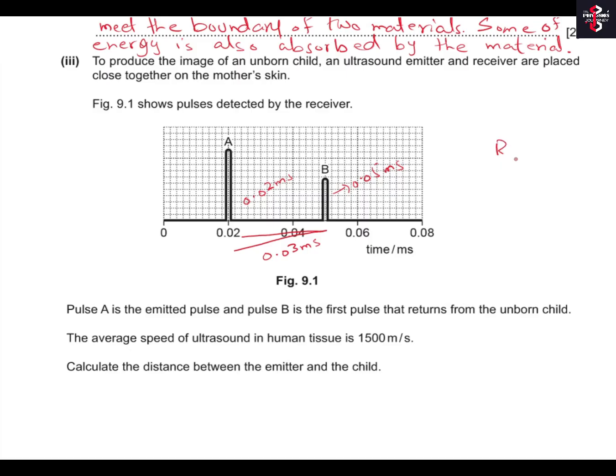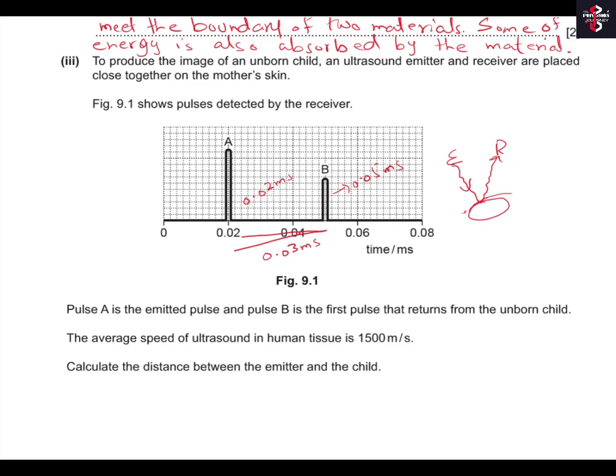Now let's suppose this is the receiver, this is the emitter, and this is the unborn child under the skin of the mother. The emitter emits rays, they strike the unborn child, are reflected and detected by the receiver.